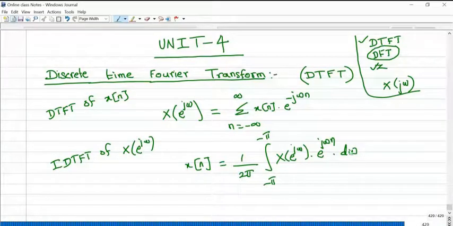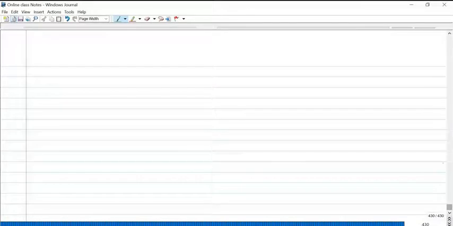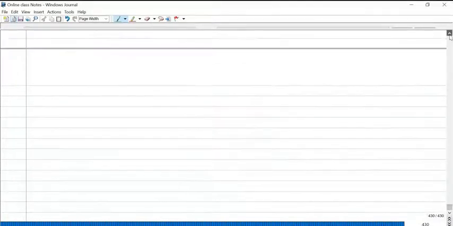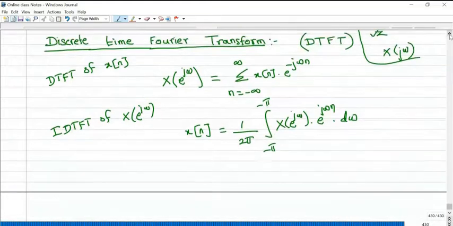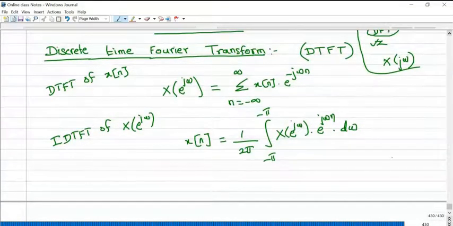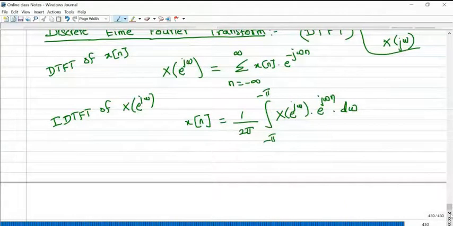Okay, so this is the formula for inverse DTFT. So using this formula, we are going to solve some basic signals first, and then properties, and how to use DTFT properties for analyzing discrete time LTI systems, for finding transfer function or impulse response or step response. Okay.